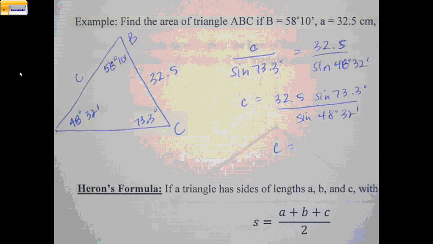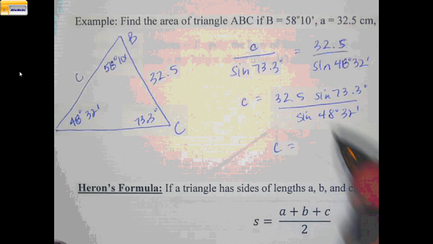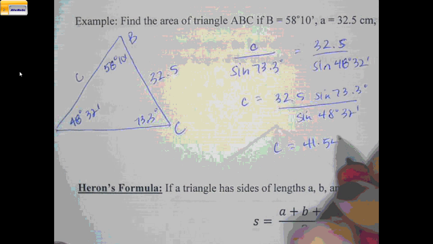You guys get 41.5 for C? Yes. Okay, we're done, right?